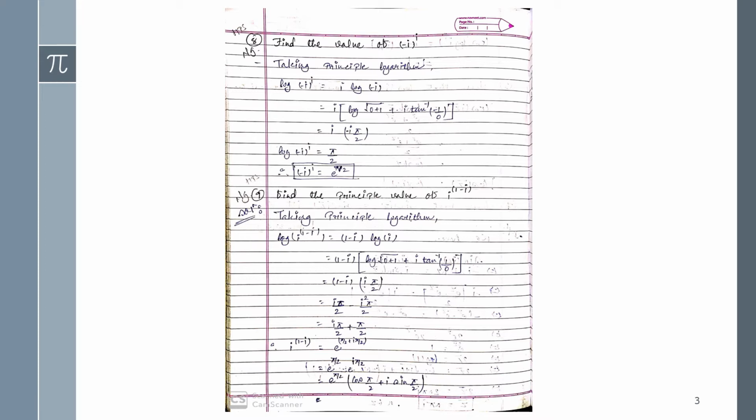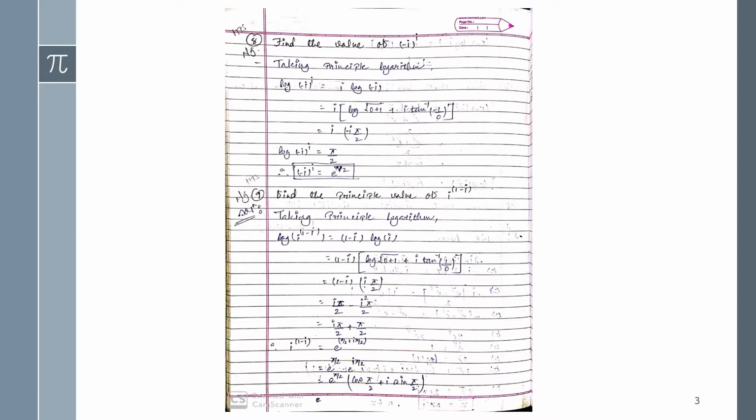Okay, so in a similar way I'm going to start the solution of this example. In the very first step of course we will apply log on both the sides, so that you can see here i log(-i), and then after that you have to solve the value of log(-i) by using the principal logarithmic function. You know its formula, guys. Now I'm not going to repeat the formula because we have already practiced 7 examples, so I hope you all understood.